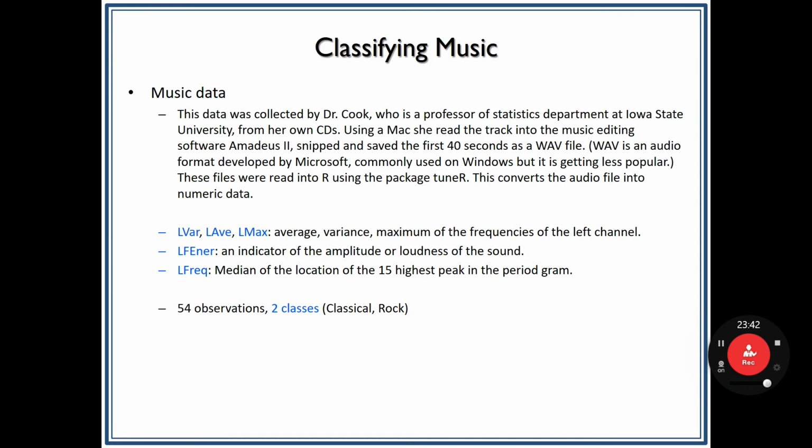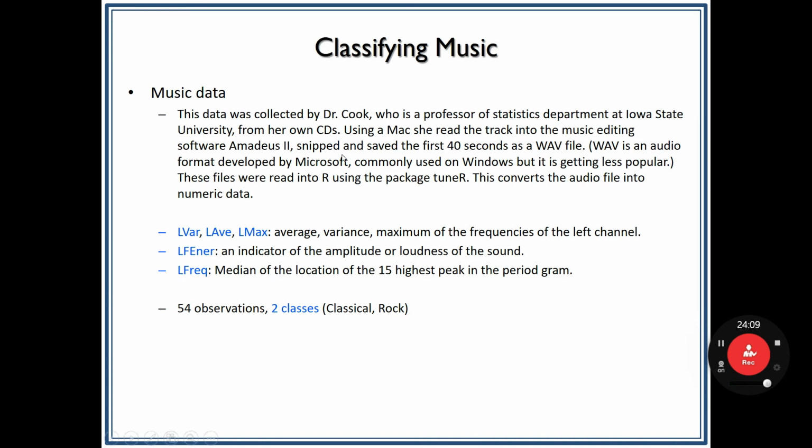When I was taking her class, she gave us this data set for the practice of classification. She extracted some data from her own CDs. Nowadays we don't use compact discs anymore to listen to music, but at this time we used CD players.